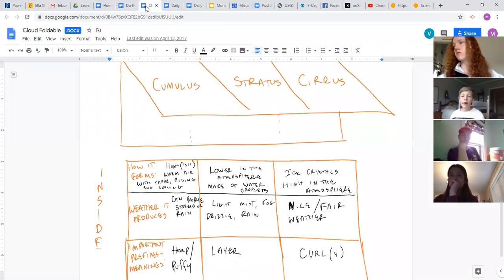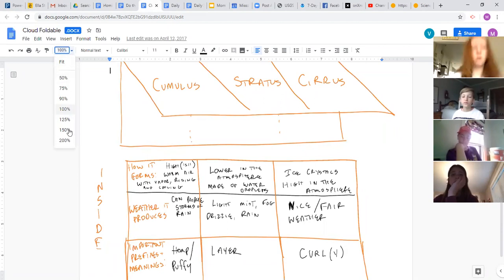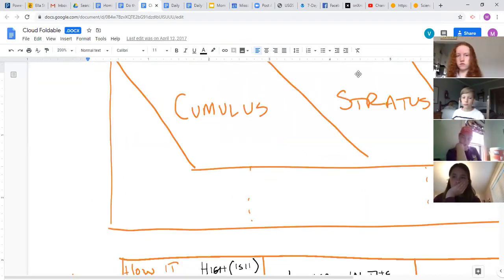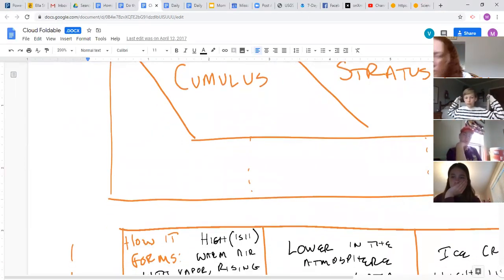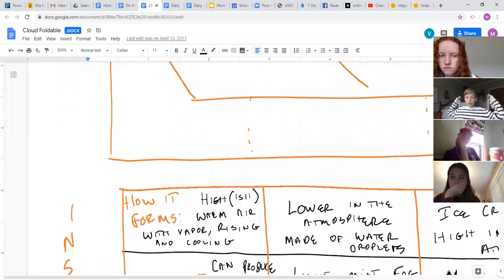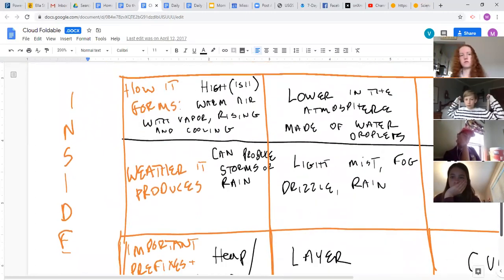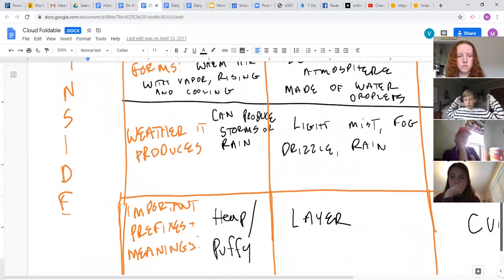wait for it, this. So here's my foldable. We used to make this on paper. The heading cumulo or cumulus, when we open up to the inside, we have this word here. The prefix cumulo or cumulus means heaping or puffy.